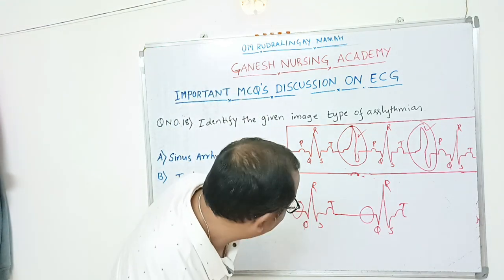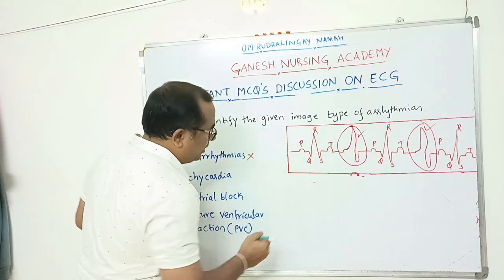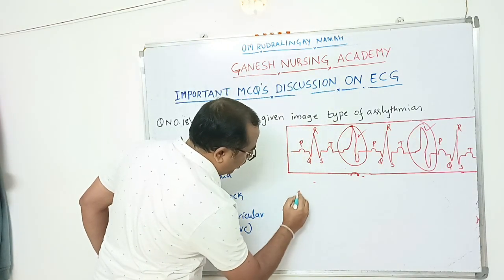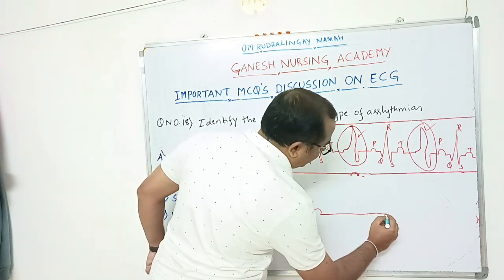Sometimes what happens here, there may be absence of P wave, QRS complex will be there followed by T wave, and there is complete missing of a beat.